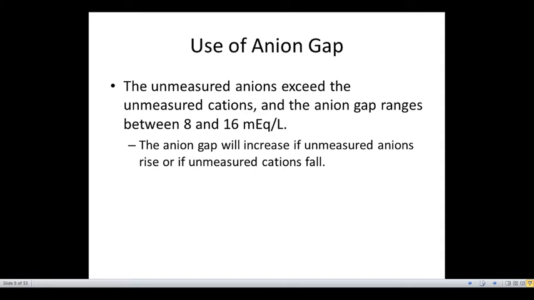Usually, the unmeasured anions exceed the unmeasured cations, and the anion gap ranges between 8 and 16 milliequivalents per liter. The anion gap will increase if unmeasured anions rise or if unmeasured cations fall.